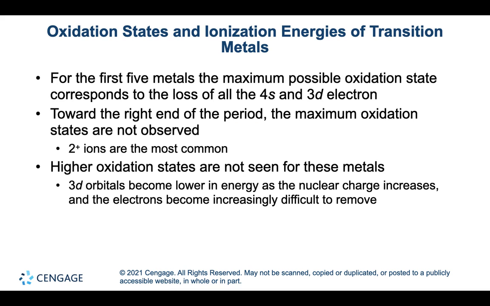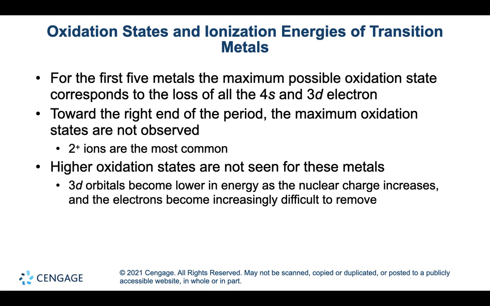For the first 5 metals, the maximum possible oxidation state is going to correspond to losing all the 4s and all the 3d electrons. So for example, chromium can go all the way up to a plus 6 for its oxidation number. That would be losing the 4s1 and the 3d5.